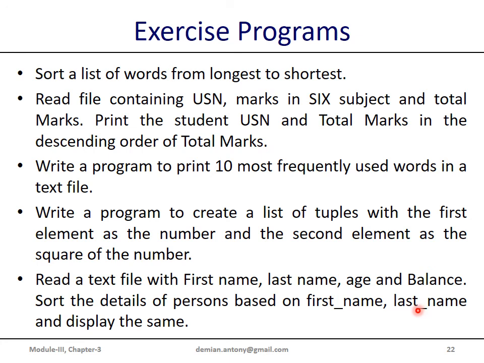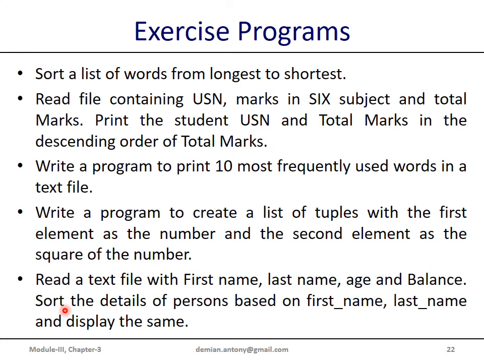With the value again a tuple having age and balance. So you need to create a dictionary with the composite key, first name and last name, and the value again is a tuple with age and balance.